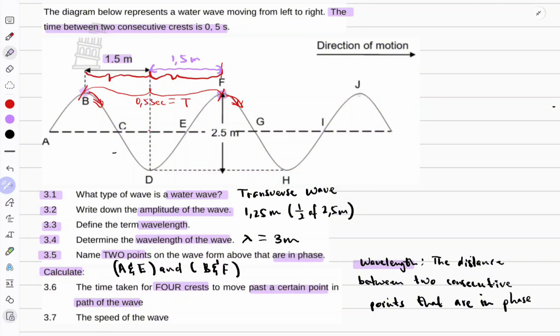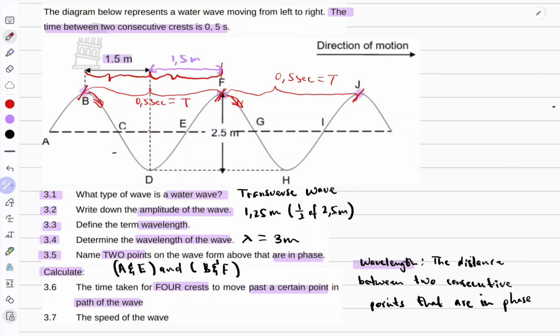So for another full wave, from F to J is another 0.5 seconds. So this is another period, but now you have 1, 2, 3 crests.